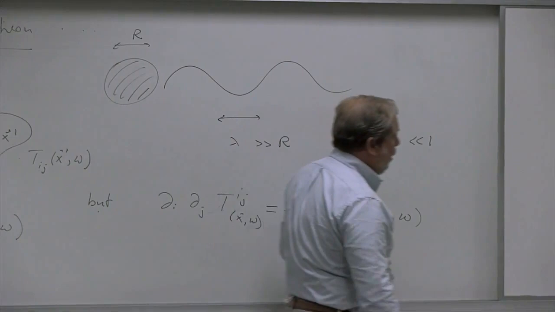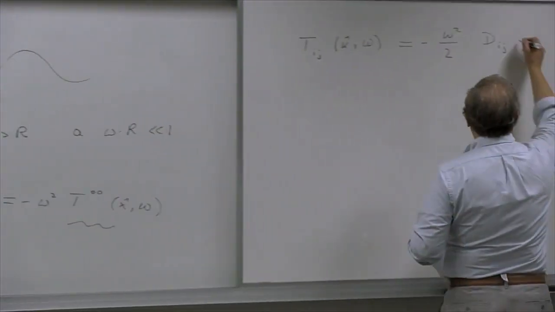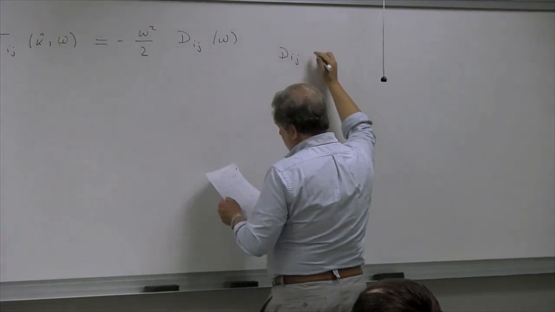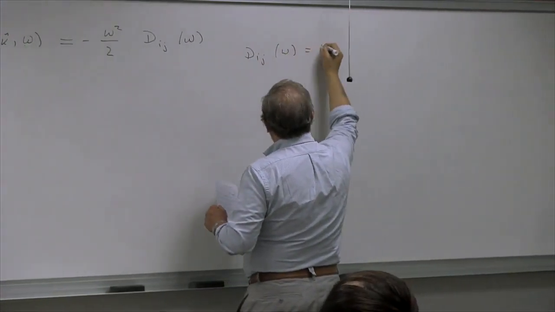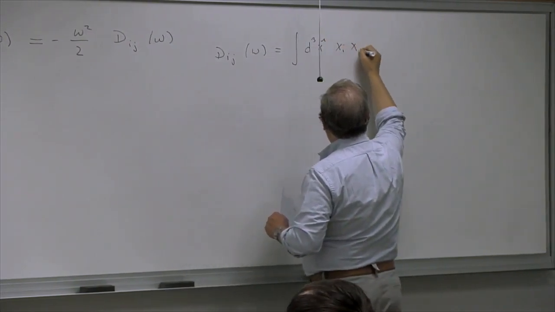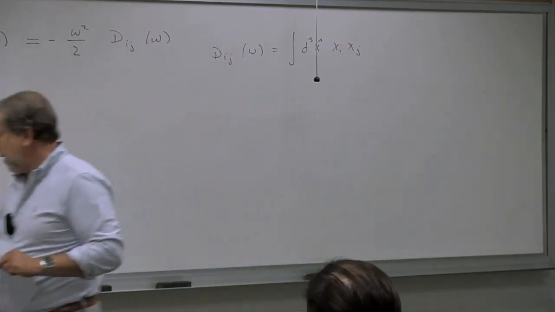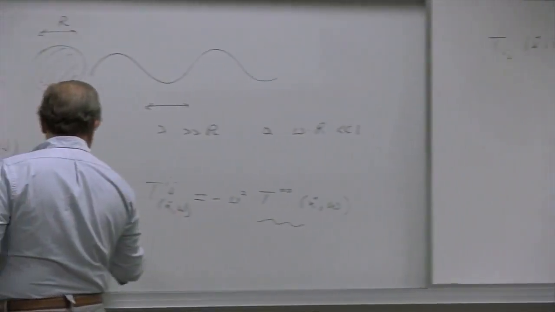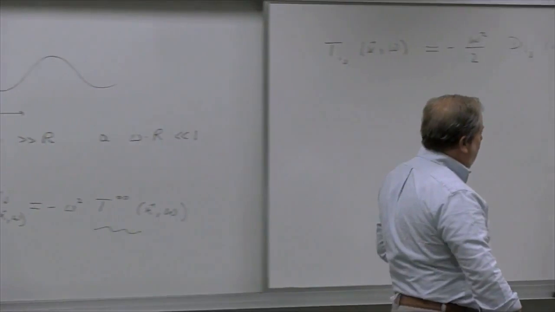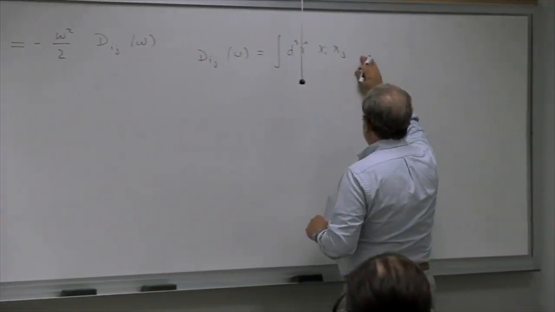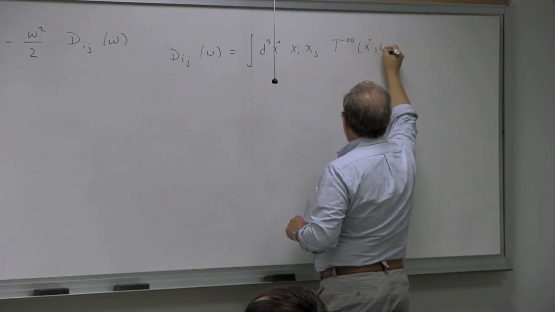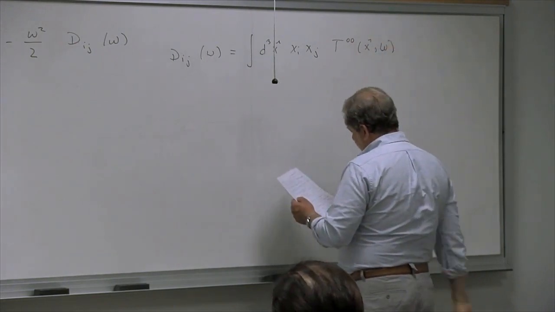And so it's going to be D_ij of omega, where D_ij of omega is some integral in d^3x. And we're going to have x_i and x_j, which is coming from the fact that we have to multiply this by x_alpha and x_beta to get something useful out of it, and times the original distribution, in this case the T^00 of x and omega.